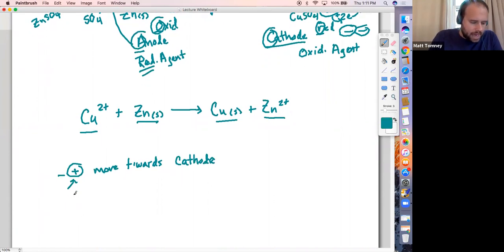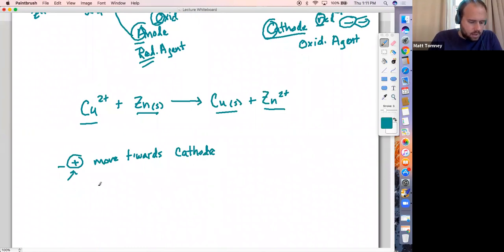And then when I have the anions, they are going to move towards the anode. Okay. So this is because I have a positive charge that's building up over in the anode.